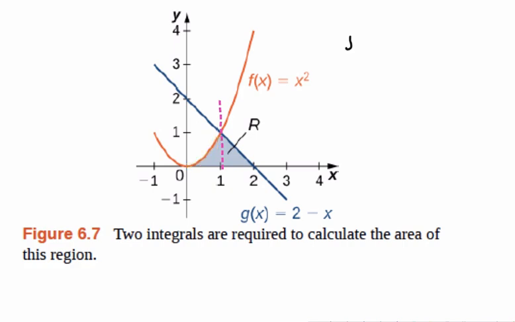The area from 0 to 1 under x squared is the integral of 0 to 1 of x squared. Okay? Now, this one, this side from here over, it is just the area underneath that linear equation they gave us. So it is from 1 to 2, it's just the area under 2 minus x.